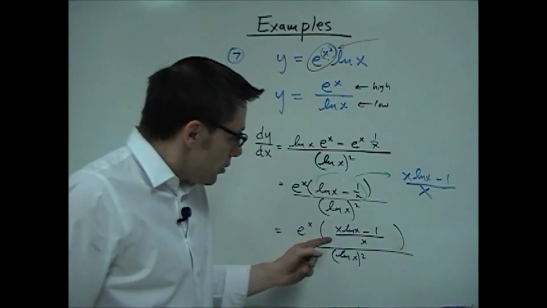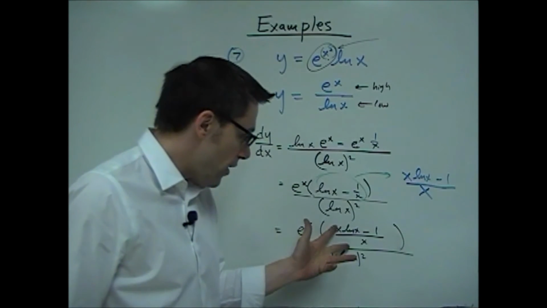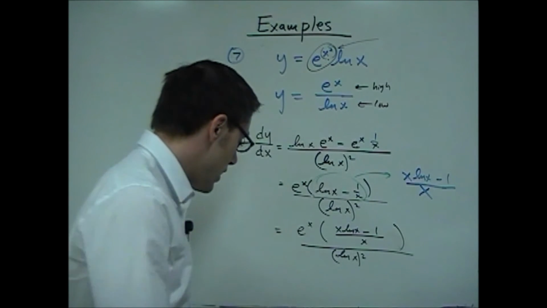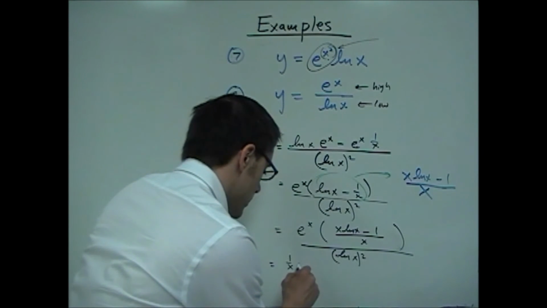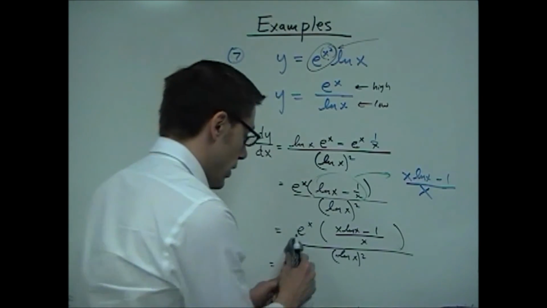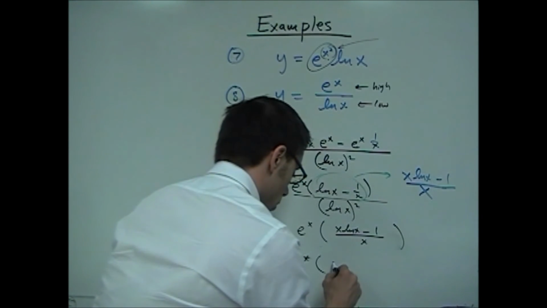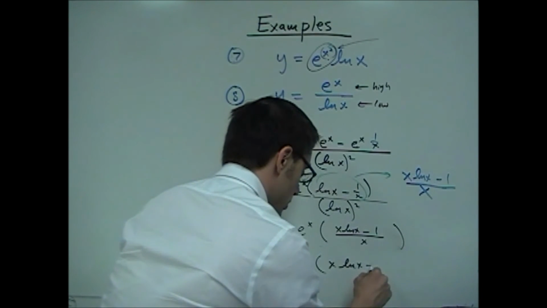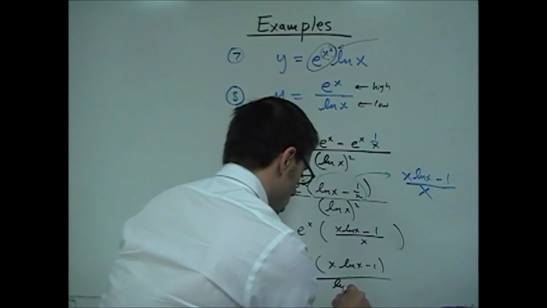Now, look, I have a 1 over x that's really common here, so I can factor that out as well. So when I do that, I now have 1 over x e to the x over natural log of x squared. So I'll sort of just erase this. This is still x log x minus 1 all over log x squared.